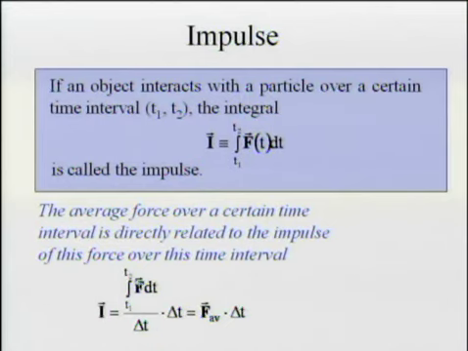So I can recognize that this expression over here is the average value of the force. So if a certain interaction exists for a certain period of time, delta t, if I multiply the force times the time interval, then I will get impulse, the same as this one.